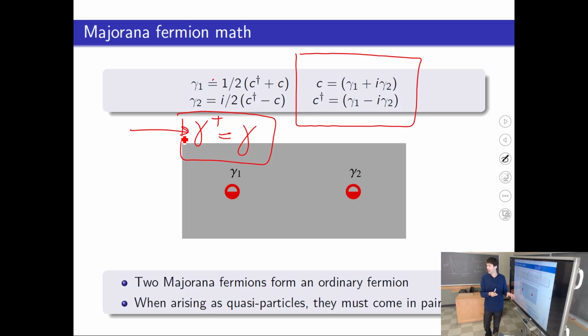So if you somehow designate this particle to be half of a fermion, there should be another half of a fermion somewhere else for conservation reasons, for charge conservation reasons, for particle number conservation reasons. And therefore, Majorana fermions will always come in pairs. There can only be an even number of them if you count everywhere in the universe. Okay? All right.